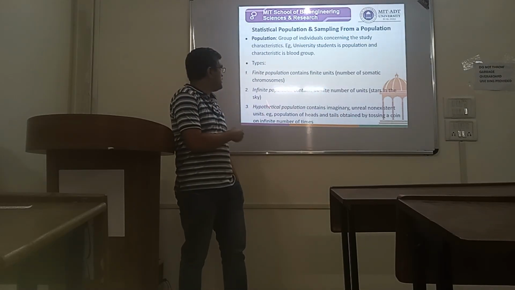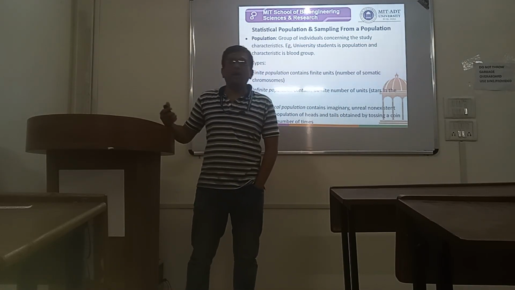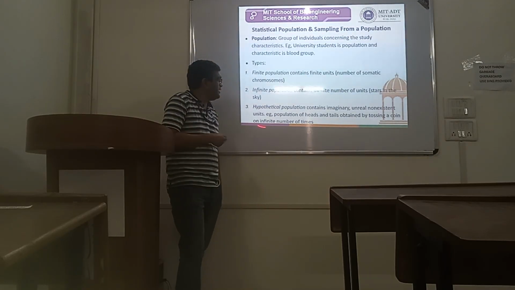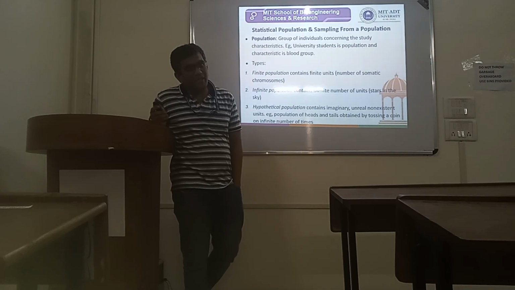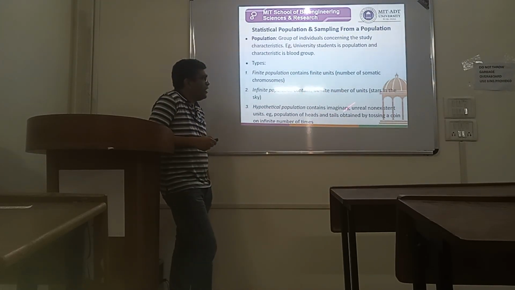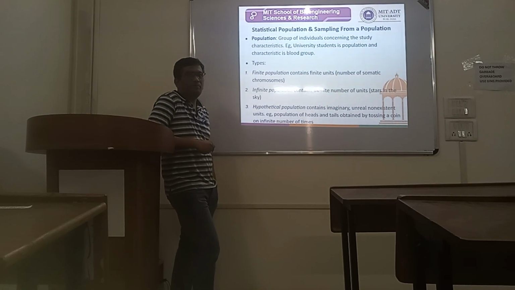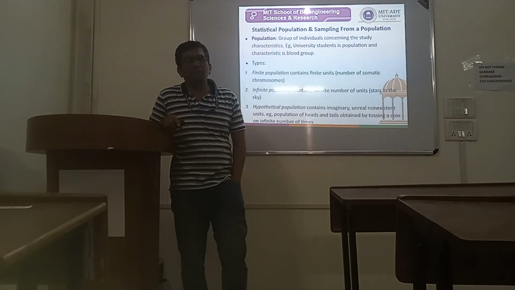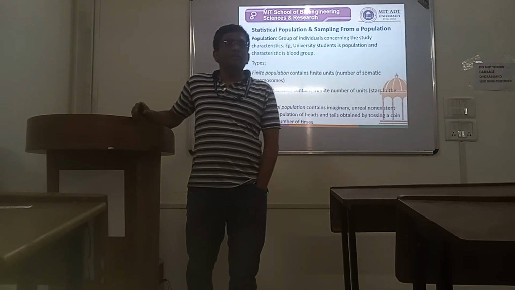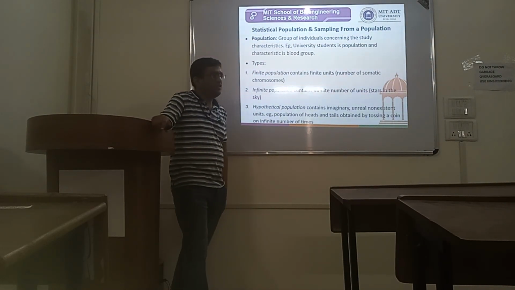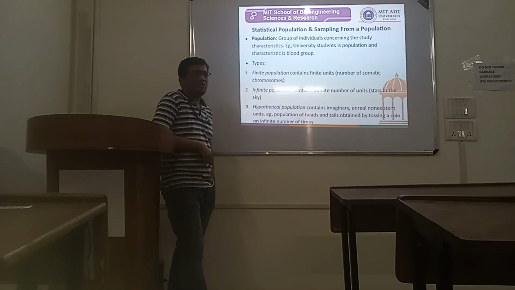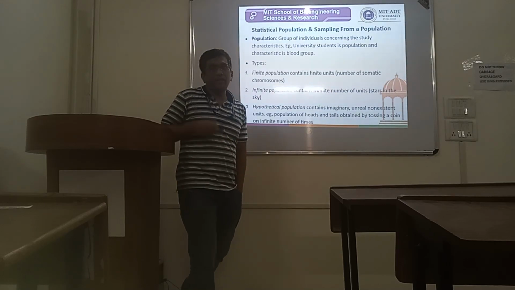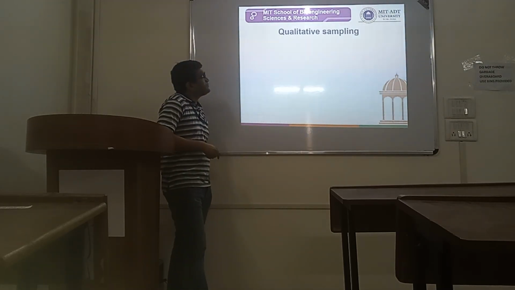An infinite population contains an infinite, uncountable number of individuals, and a hypothetical population contains imaginary, hence non-countable, unreal, non-existent members. For example, a hypothetical population may be the number of stars in the sky, or the population of heads and tails obtained by tossing a coin an infinite number of times.